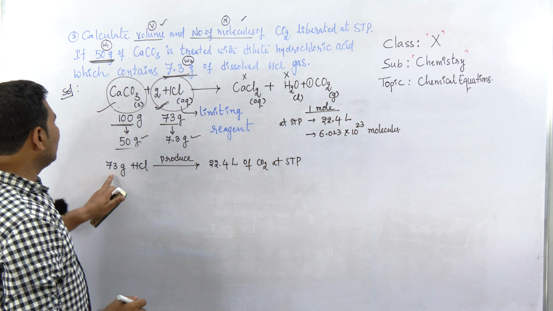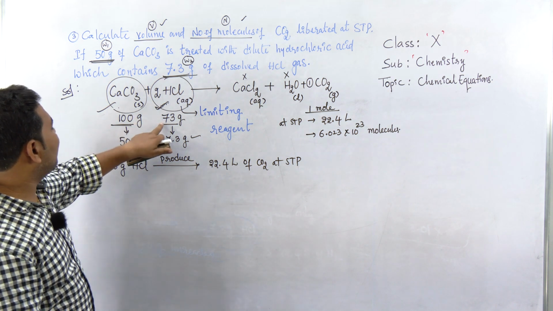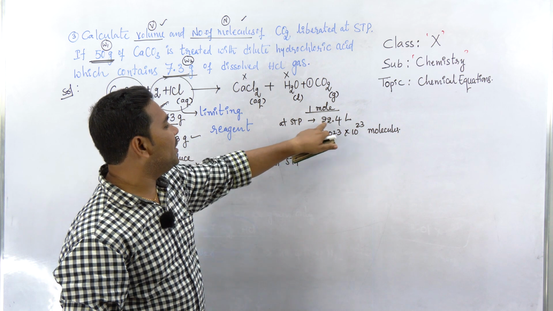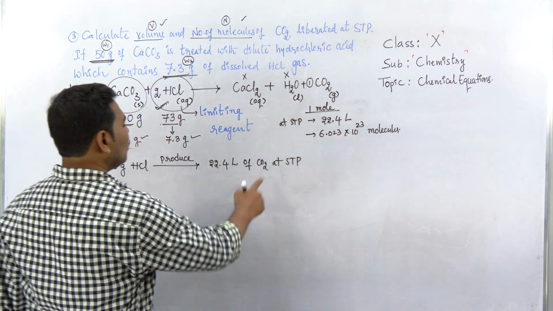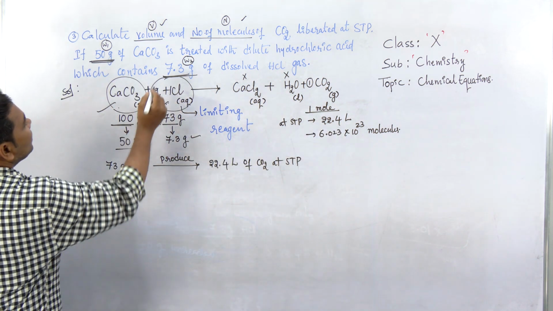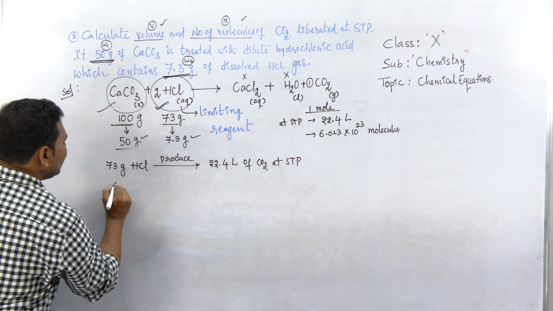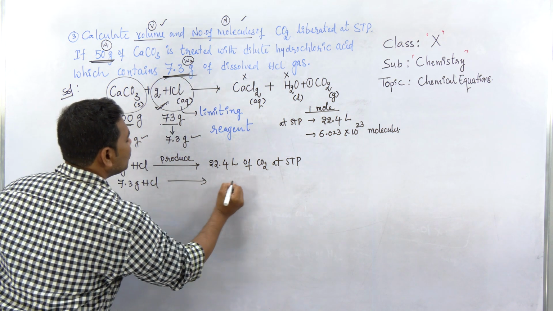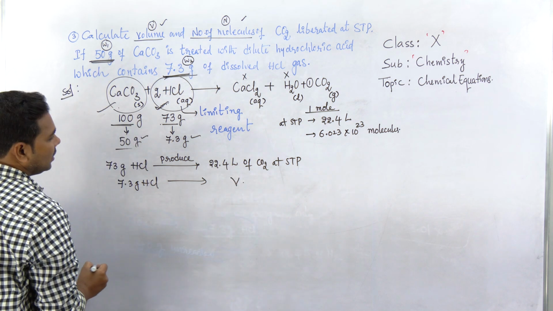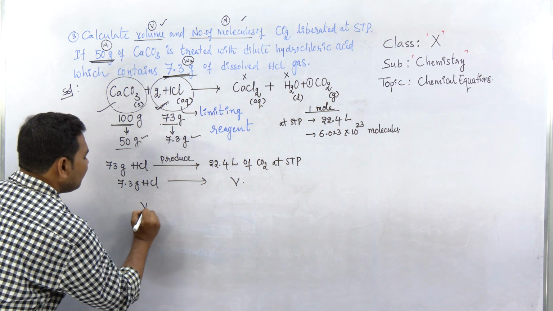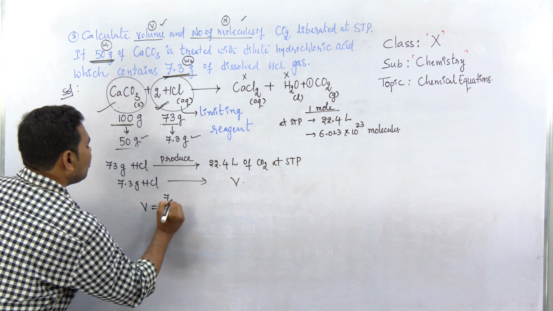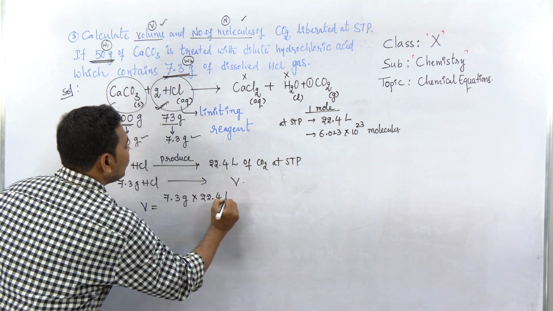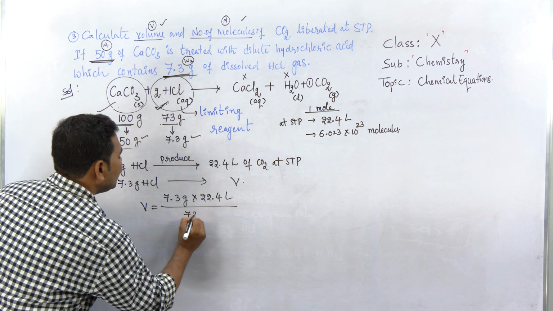I hope you are getting it. 73 grams of HCl produces one volume, and one volume means 22.4 liter at STP of CO2. Then what is the given amount? Only 7.3 gram. Then 7.3 gram HCl produces what volume of CO2 at STP? So we'll write V is equal to 7.3 gram into 22.4 liter by 73 gram.